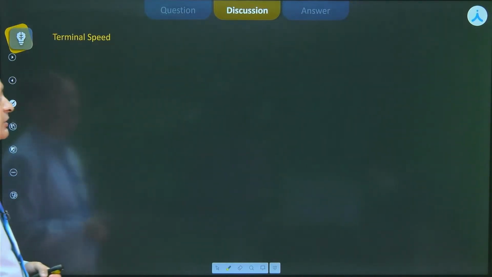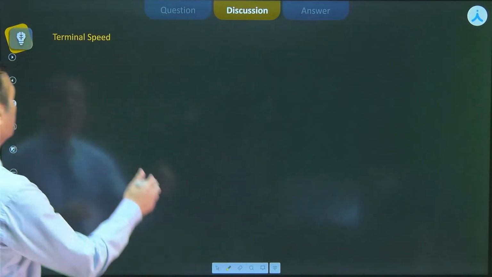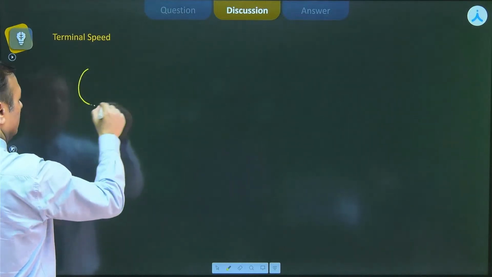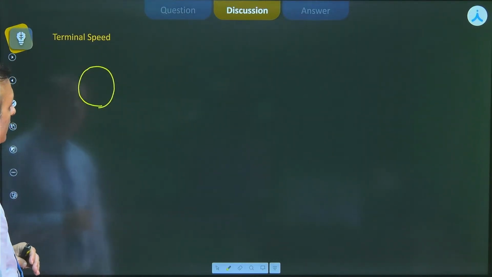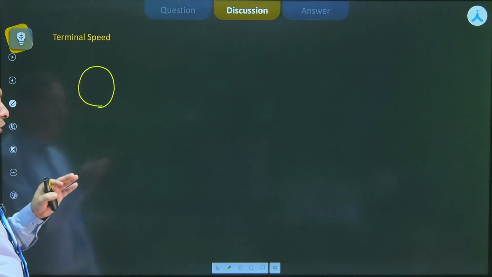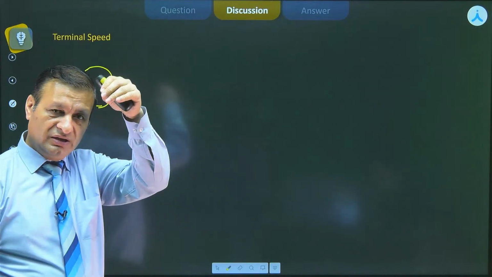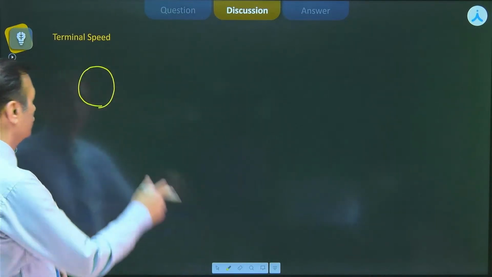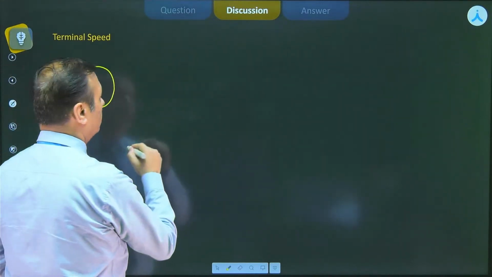Now we have the concept of terminal speed. What is this terminal speed? Let's suppose you have a spherical body, and you allow this body to be in a viscous medium. Initially this ball is dropped.